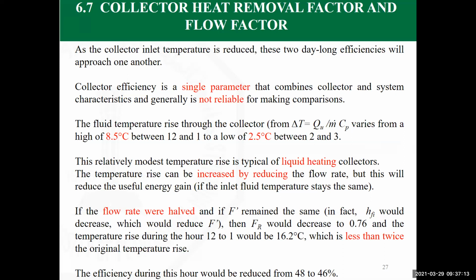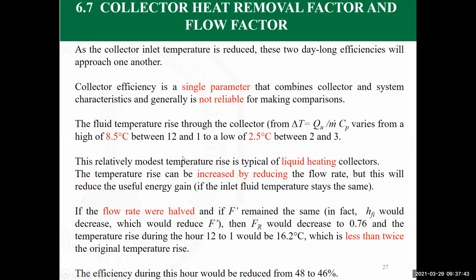And if you need to be more accurate, if the flow rate changes, then you may change from laminar to turbulent, or from turbulent to laminar, or the value of Reynolds number would change. And if it changes, then the heat transfer coefficient is going to change. So it has its own consequences if you need to do the right calculations. And then the FR value can change as well.